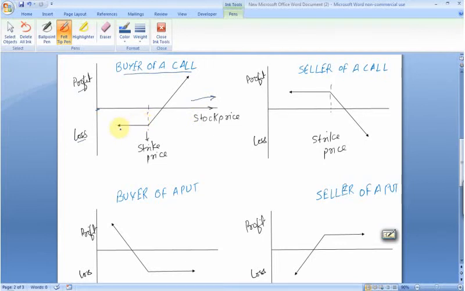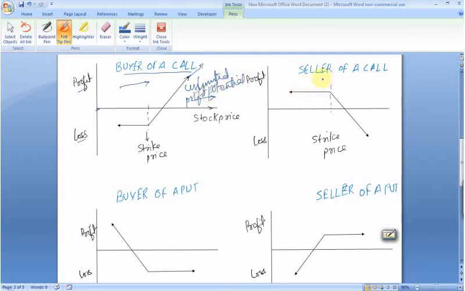So if you look at it, as we go from left to right, as the stock price increases, the profit for the buyer of a call increases, and the higher it goes up, the more will be the profit for the buyer of a call option. And so he has an unlimited profit potential.